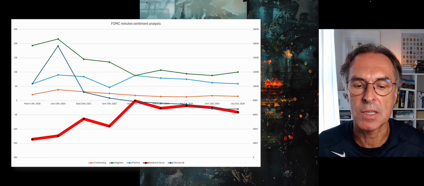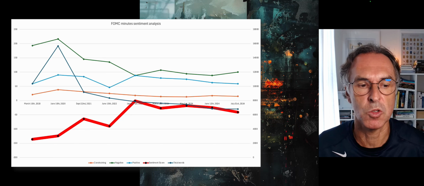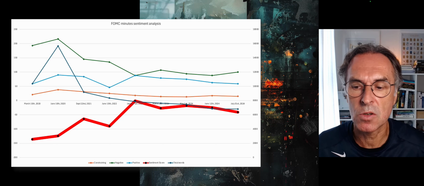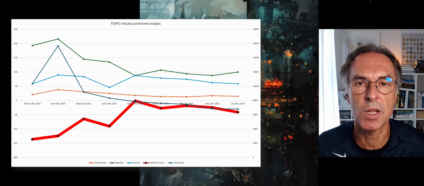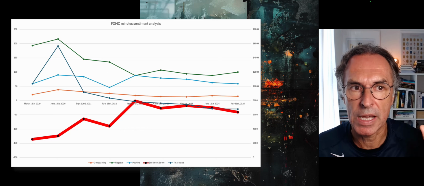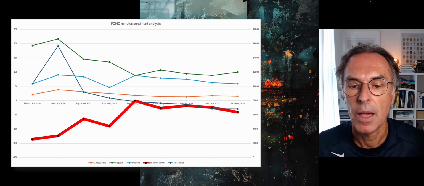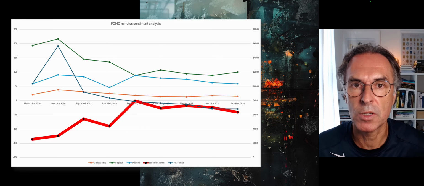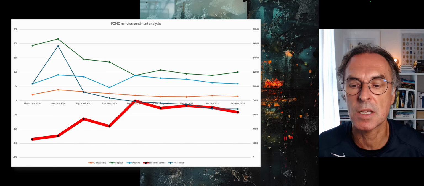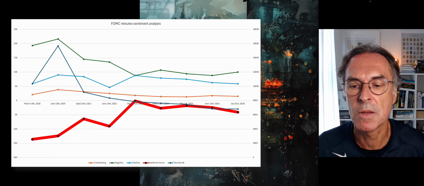But here what is interesting is to look at the bold red line. This is the sentiment score, and you see that the sentiment score is pretty negative, so around 150, 130. And we're comparing apples to apples. We are looking at the same type of report, the US Federal Reserve meeting minutes, and we are comparing the same report over different periods of time. What we see is that the sentiment score is pretty negative during COVID, at the peak time of COVID.